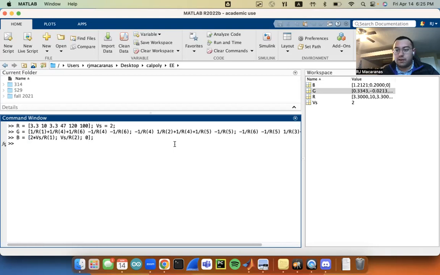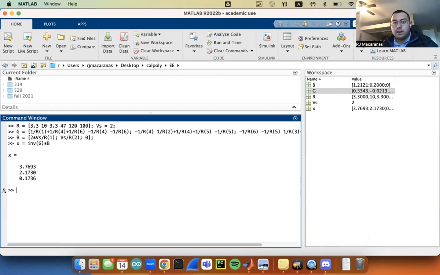Okay, so now we've defined all of our necessary variables, and we can take x, our unknown vector, to be inv G times b. I had a little typo there, but yeah, so this is your list of expected values for VA, VB, and VC. So I'll just go back again to the iPad here.